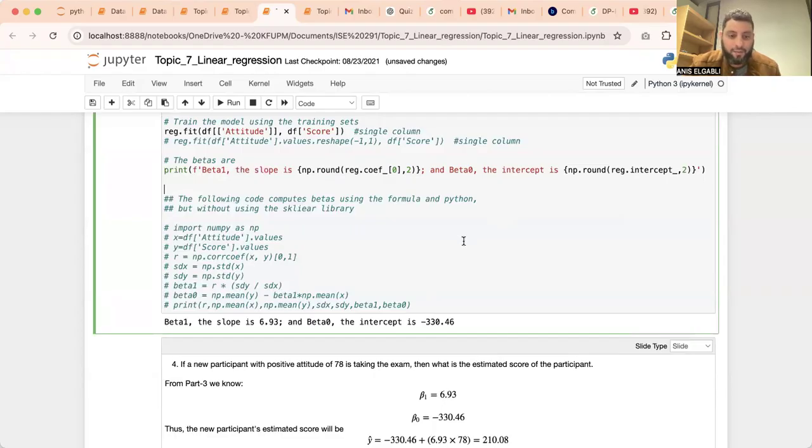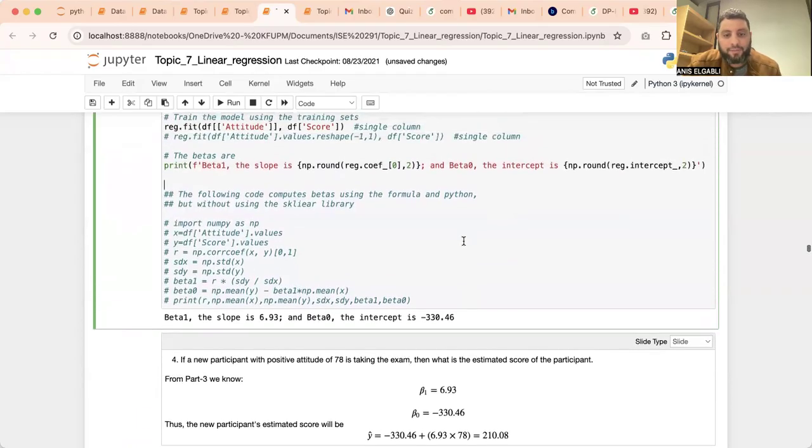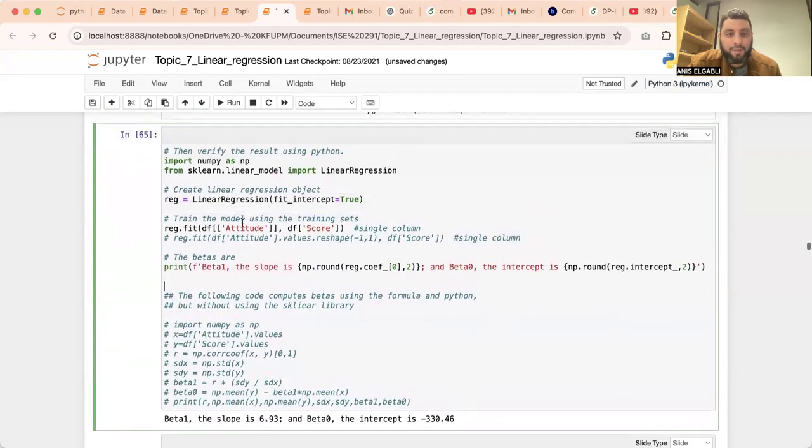So that's only for rounding. So that's it, very simple. We import the linear regression module, we create the regressor object, we fit that in our data, and then we can print out the coefficients and the intercept.